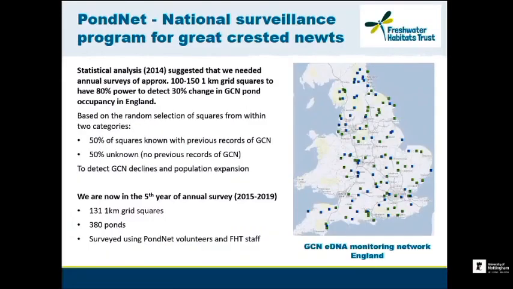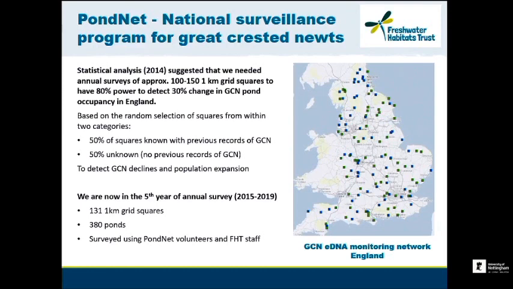Moving on from District Licensing, we also have the PondNet program, which is run by Freshwater Habitats Trust. We now have 5 years worth of data for this. In 2014, they undertook some statistical analysis that suggested they would need to sample somewhere between 100 and 150 grid squares every year to have a 30% chance of detecting a reasonable change in great crested newt populations.